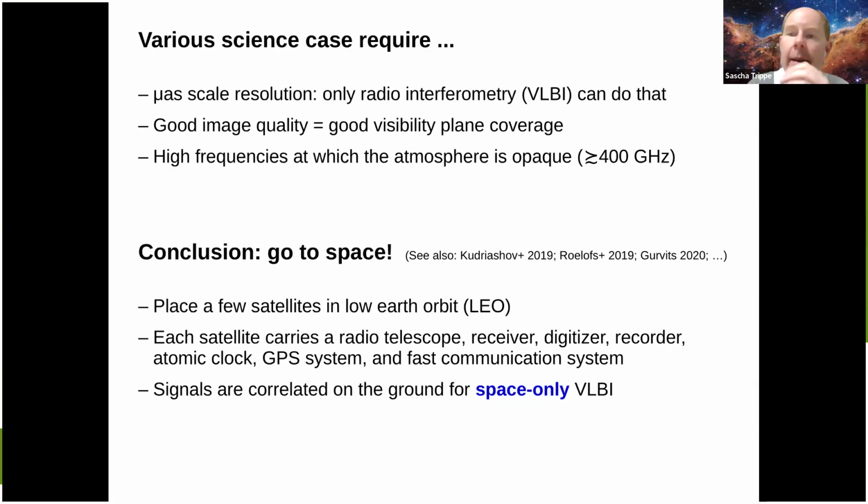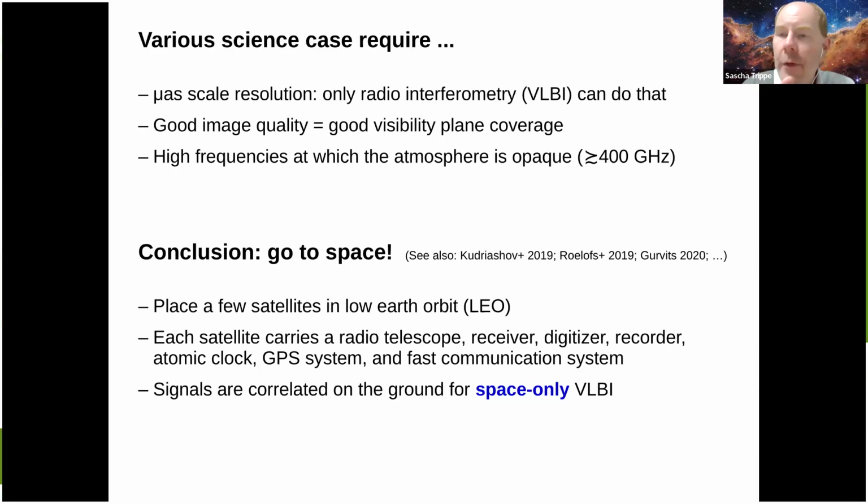We need good image quality, which means we do not only need to have a very good resolution and a few data points in the visibility plane, but we need to obtain, as far as we can, the full 2D Fourier transform of the target on the sky.